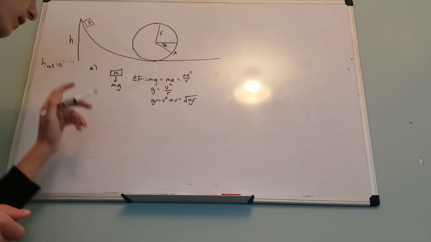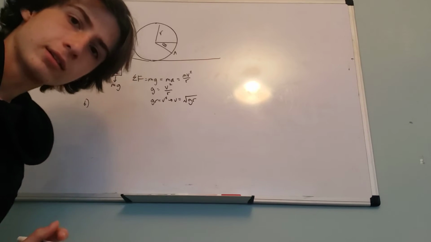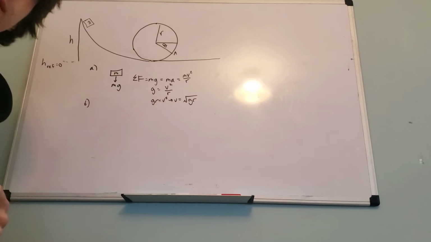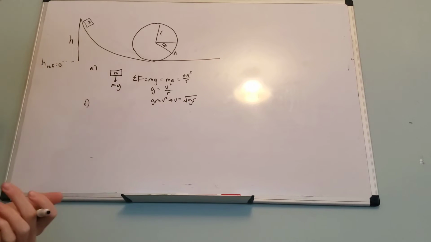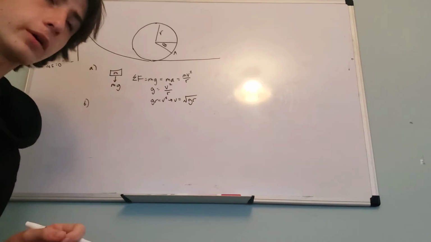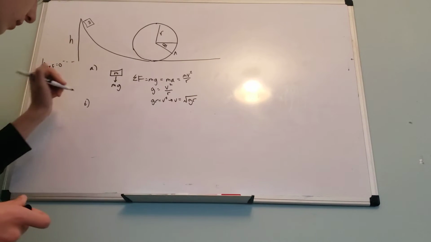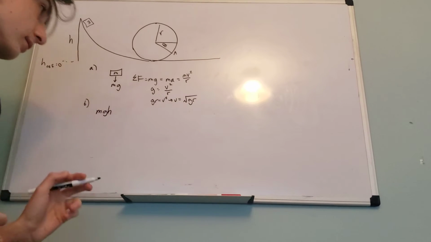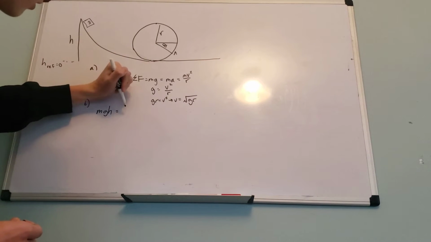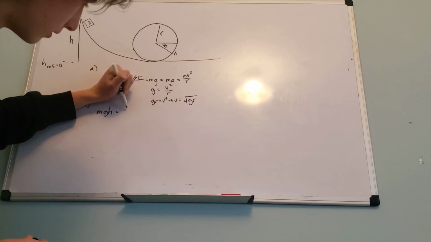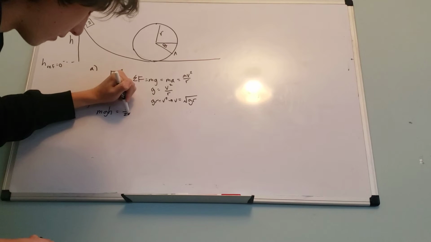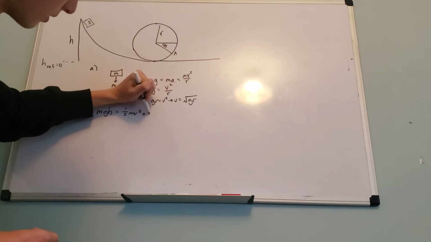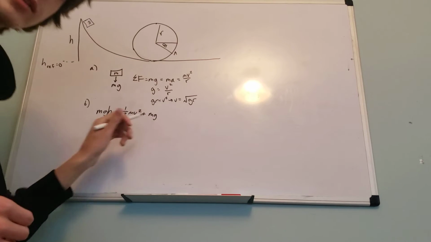Now we're being asked, based on this, what is the required starting height such that at the top of the roller coaster there's no normal force due to the track? For this I'm going to set up an energy equation. At the beginning, our energy is just mgh because it's at rest. At the top, we've got some kinetic energy, which looks like 1/2 mv squared, and some gravitational potential energy.